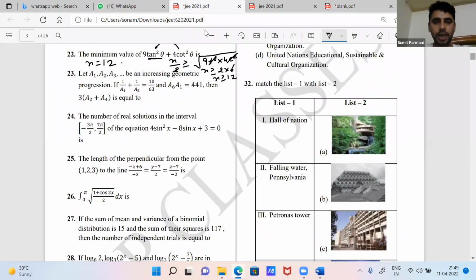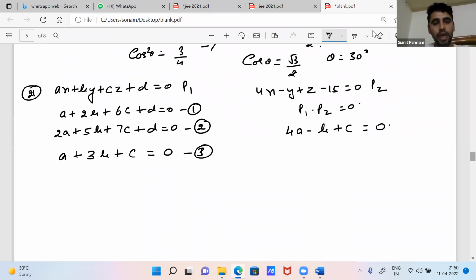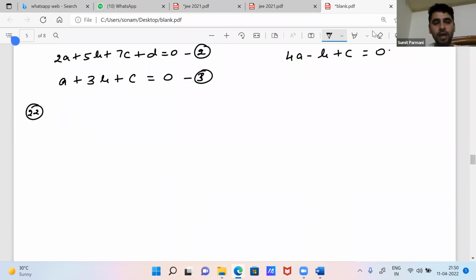23. A1, A2, A3 be an increasing geometric progression. Fine. Increasing GP. So for GP we have A, AR, AR square, AR cube, and so on. This is the increasing GP.